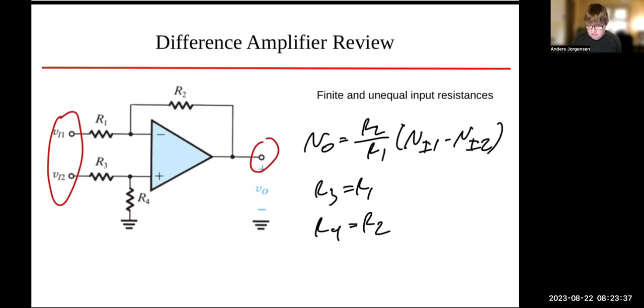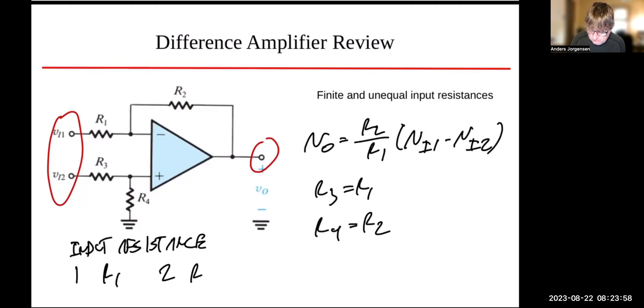Okay, so this is all great, but the problem is the input resistance. The input resistance on input number 1 is R1, and on input number 2, the input resistance is equal to R3 plus R4.